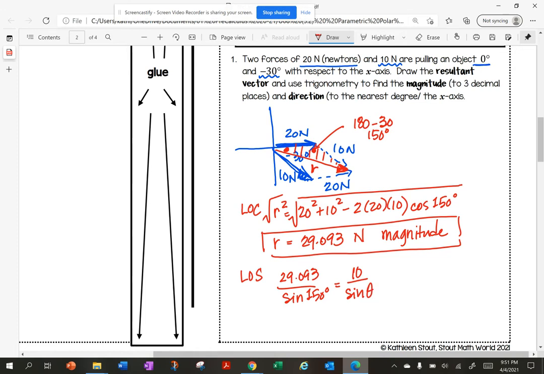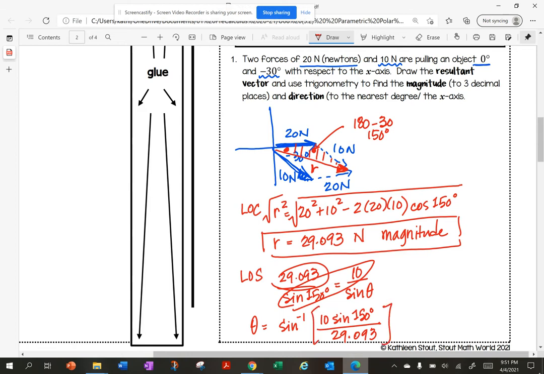I'm trying to find an angle, so that's going to be a sine inverse. So theta is sine inverse of 10 times the sine of 150 degrees divided by 29.093, all in parentheses.